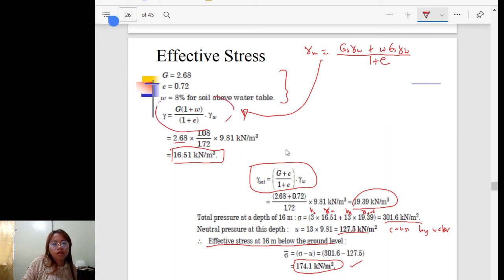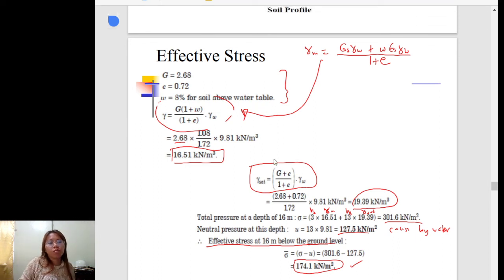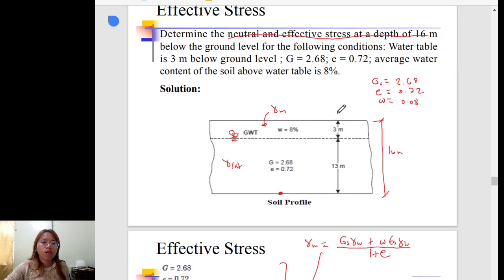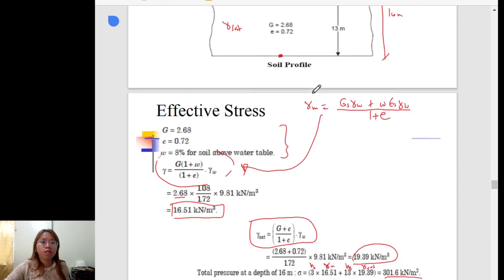You have to list down the formulas so that you can get what is asked in the problem.